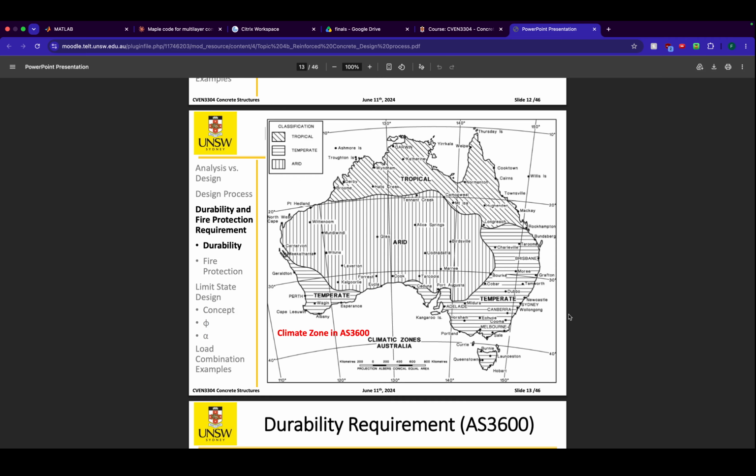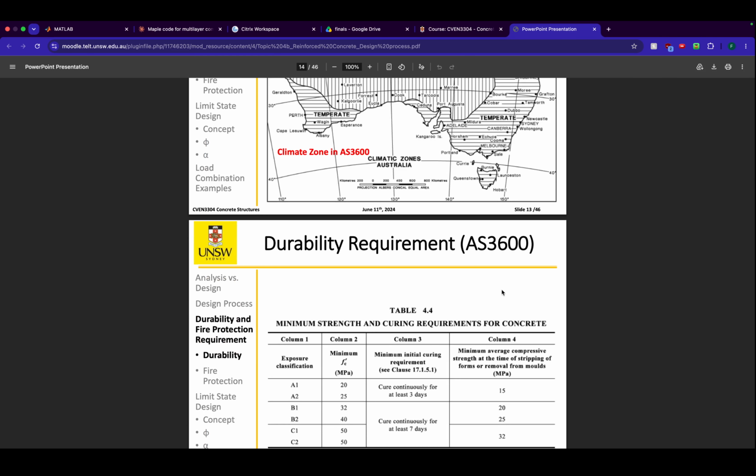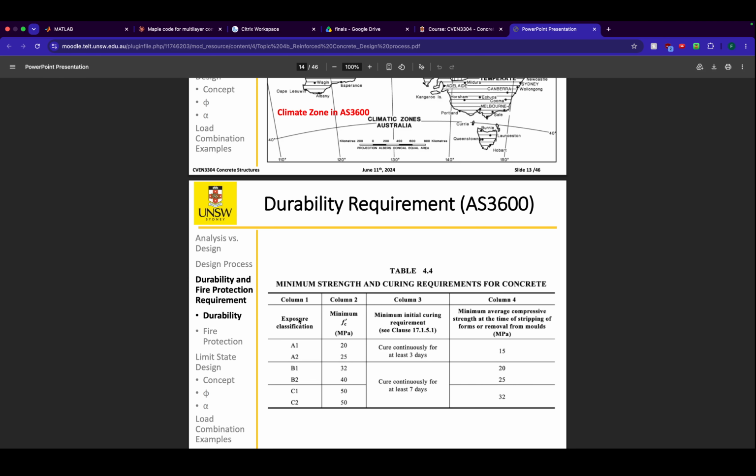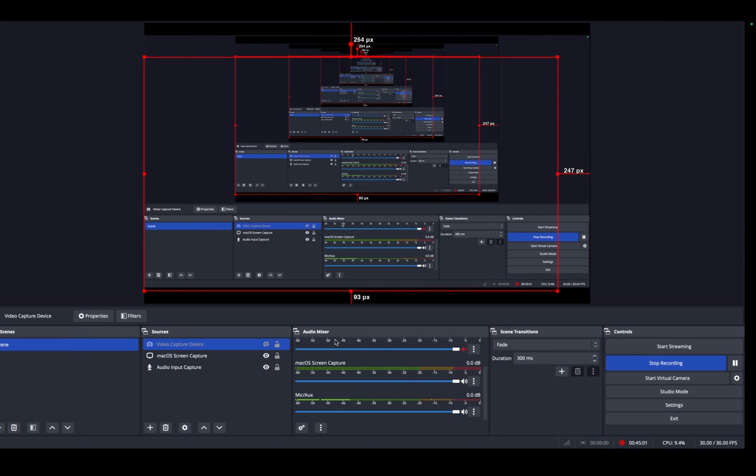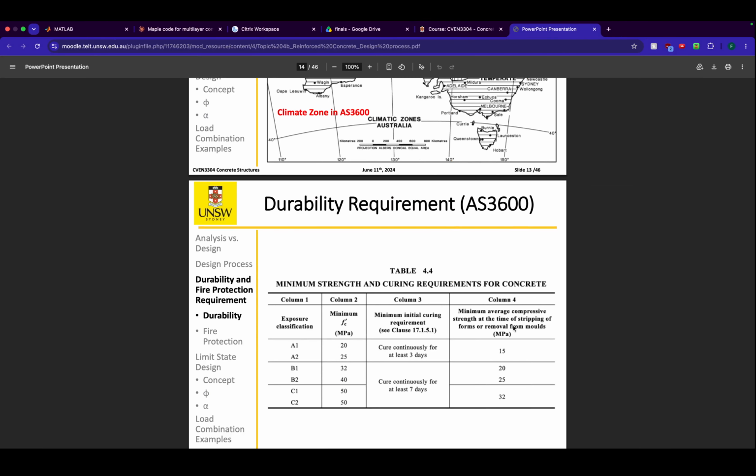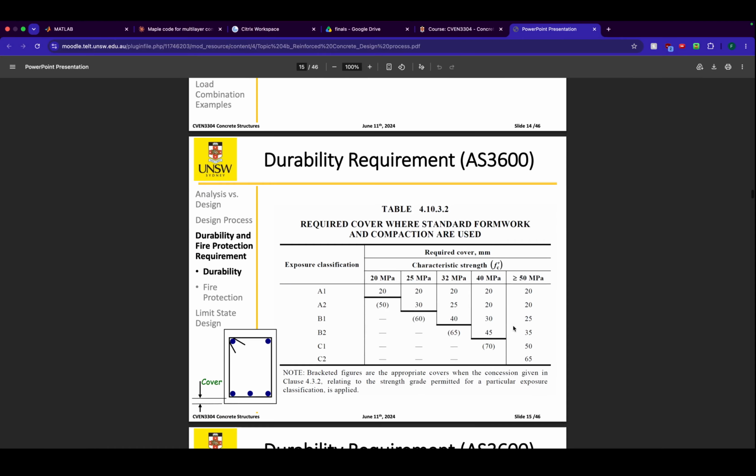There are different zones: a tropical zone, temperate zone, arid zone, and so on. Depending on your exposure classification, there's a minimum cover that you need as well. So, what is cover actually?